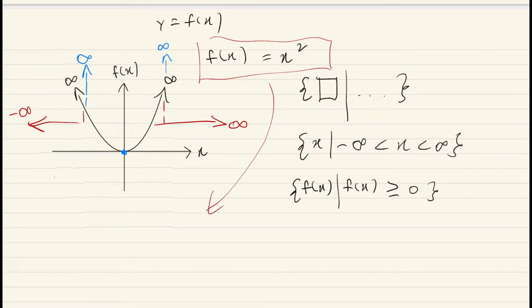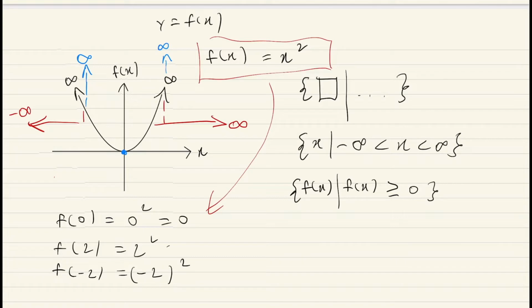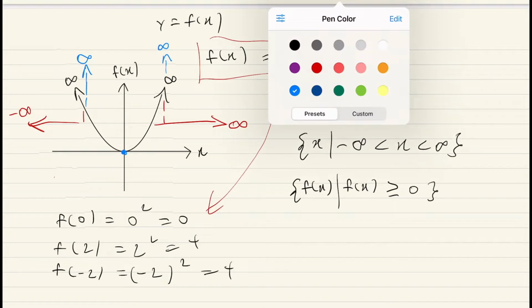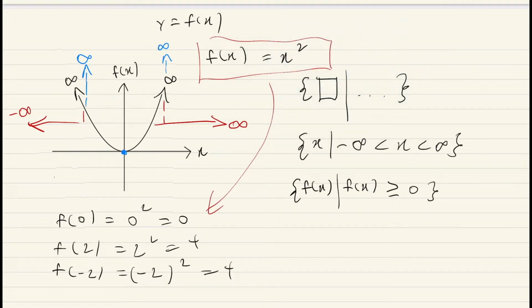Let's take 3 different cases. 0, so f of 0 equals 0 squared, which is 0. f of 2, 2 squared, which is 4. f of minus 2, minus 2 squared, which is also 4.